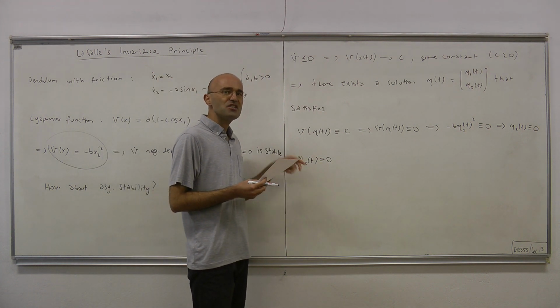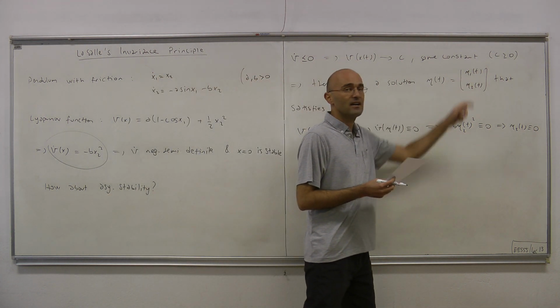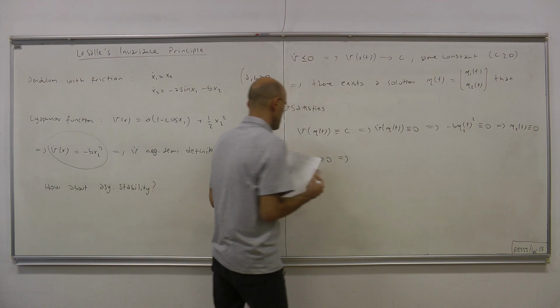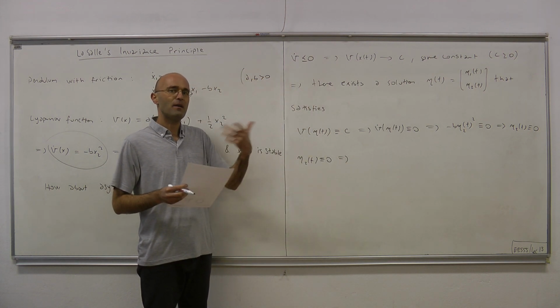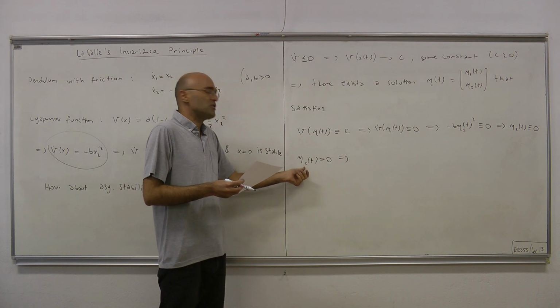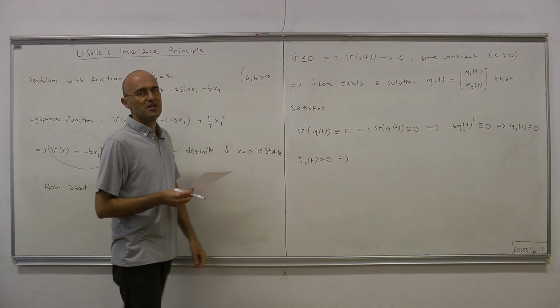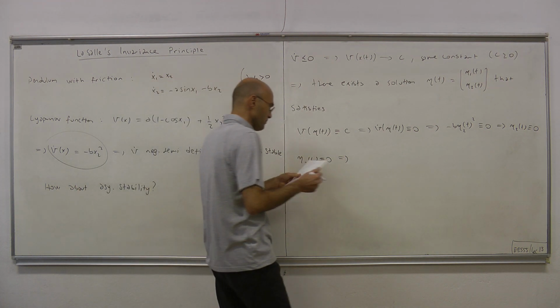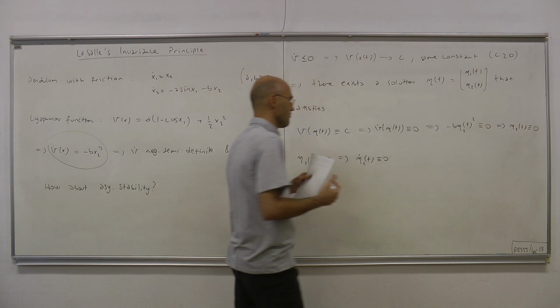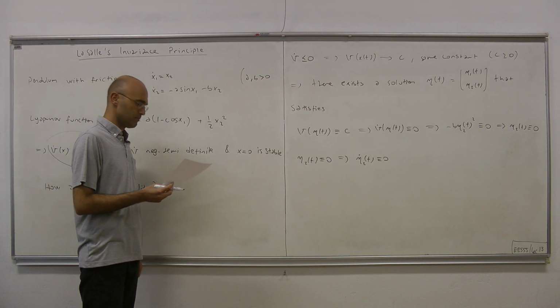Now, there's not much choice that eta 1 can do, and it follows from the system equation. If eta 2 is zero, it's also constant, so its derivative is zero. So eta 2 dot of t must be zero for all times.